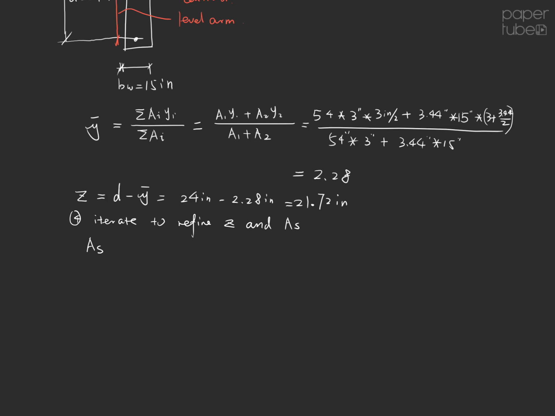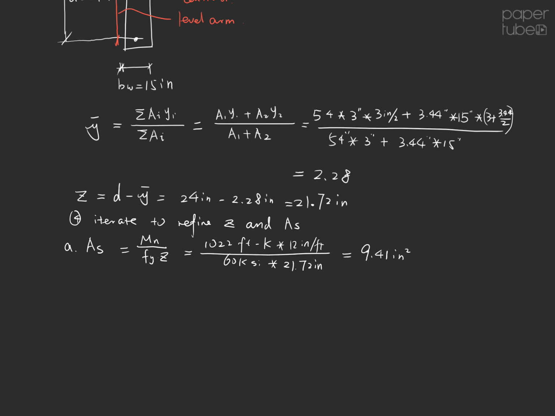Right, your AS, the first iteration, is Mn divided by Fy times Z, that is 1022 kip-feet times 12 inch per foot divided by 60 ksi times 21.72 inch, and that is 9.41 inches squared.